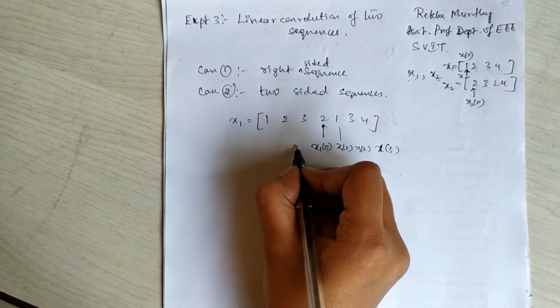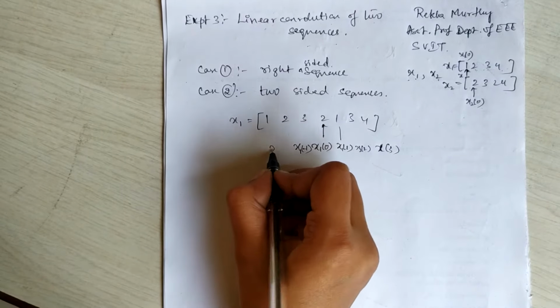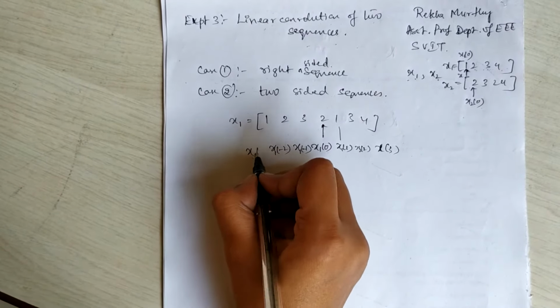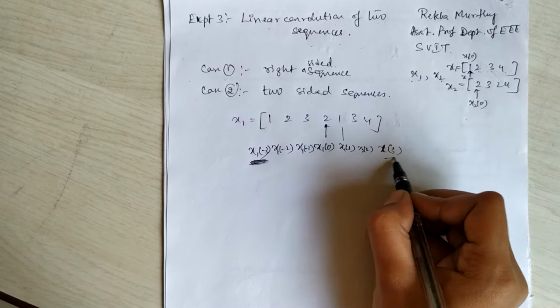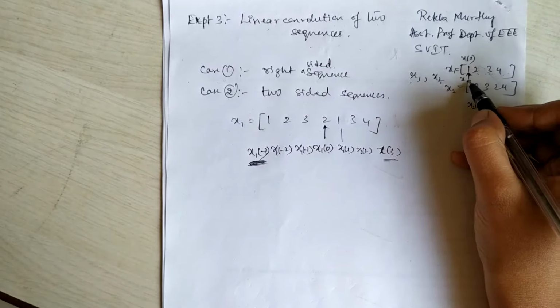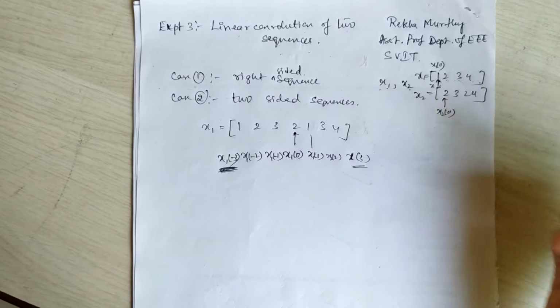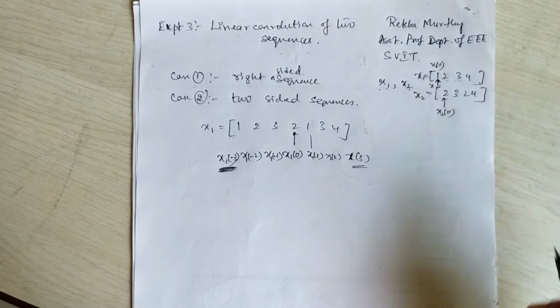On this side, it will be x1 of minus 1, x1 of minus 2, x1 of minus 3. So the length starts from minus 3 to 3, whereas for the right-sided sequence it starts from 0 to 3.